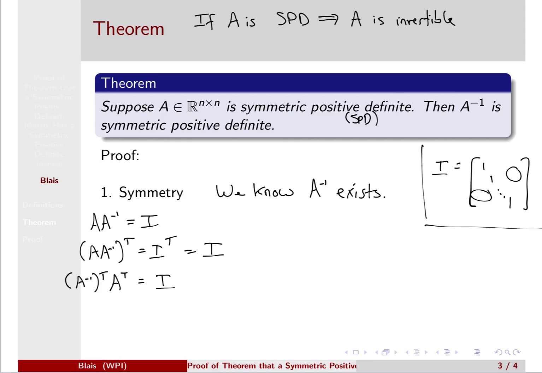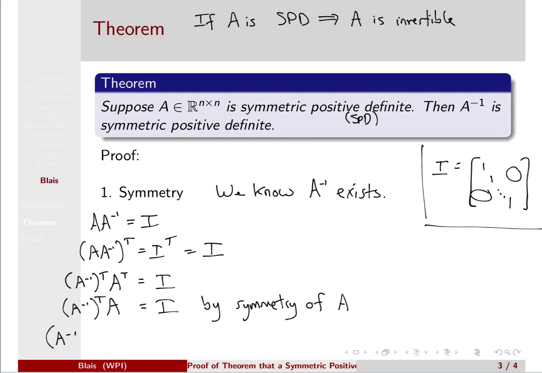Now recall that A is symmetric, which means by symmetry we can replace A transpose with A. Now, note that we can multiply both sides on the right by A inverse.